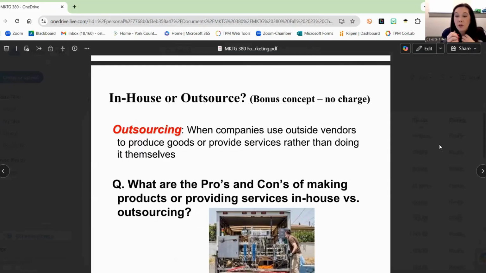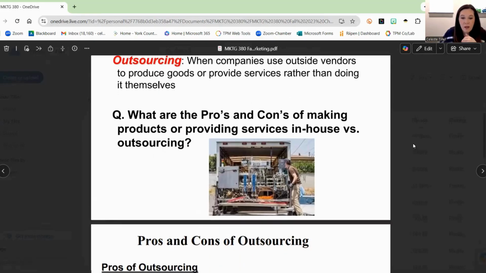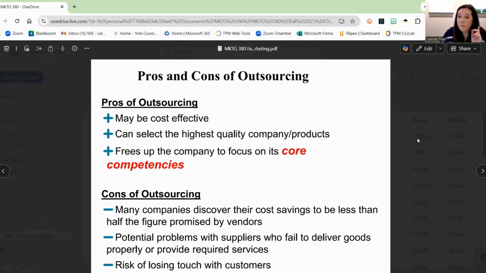Is that something they're going to produce in-house, a nice homemade product they've created, or are they going to purchase that from somewhere else and then sell it to you? So that's outsourcing. Very simple example. This happens all the time with businesses. For you, I want you to think about what the pros and cons of outsourcing are, on your own, but I'm going to give you some as well.